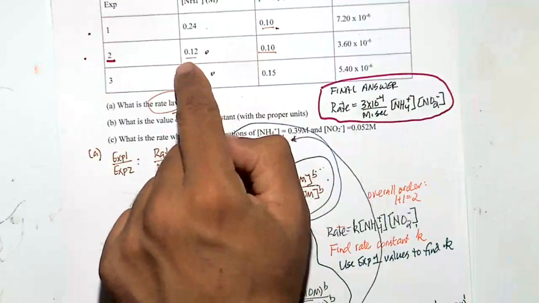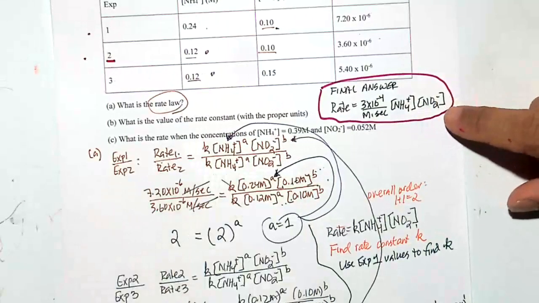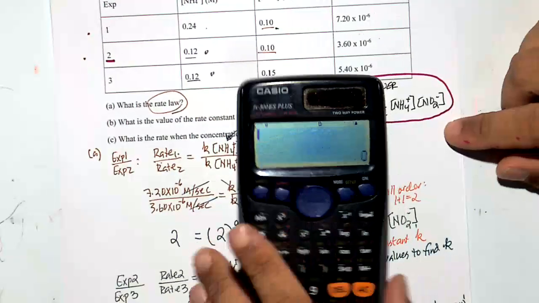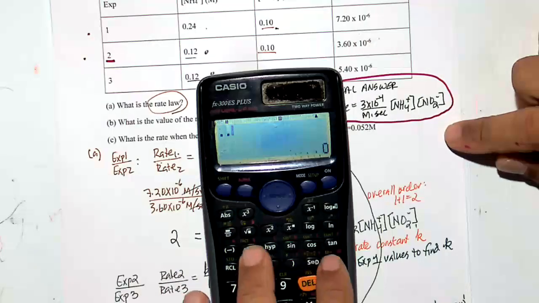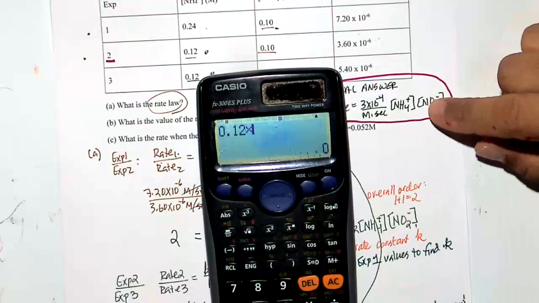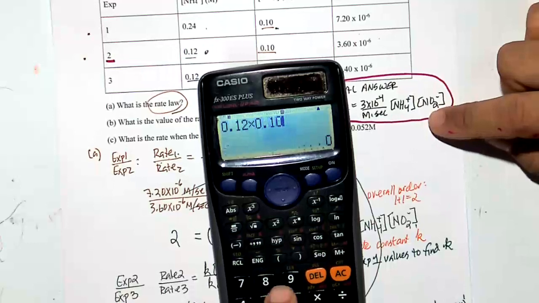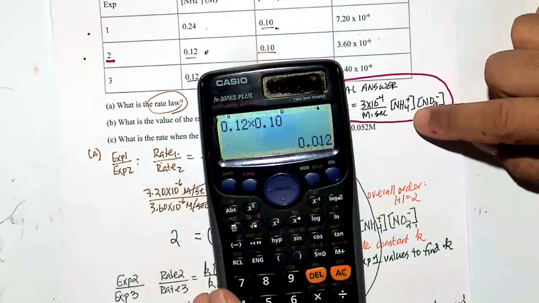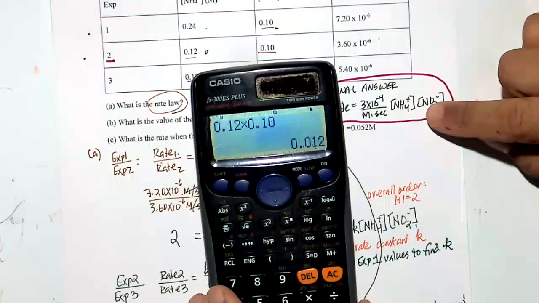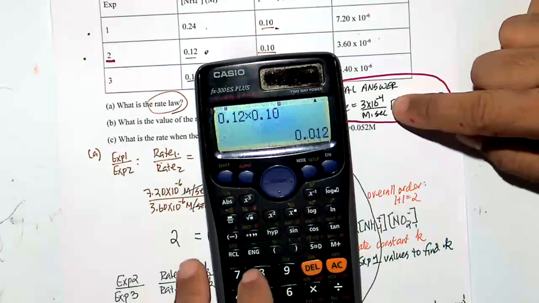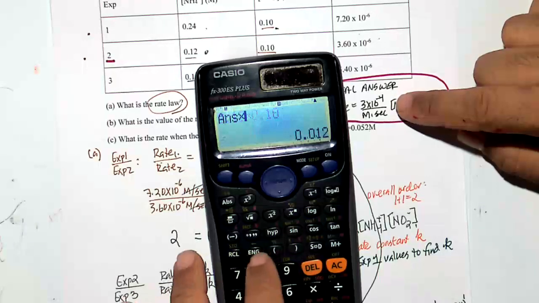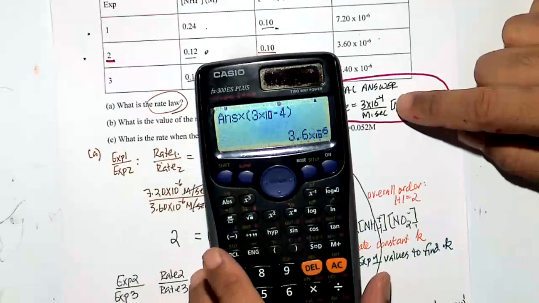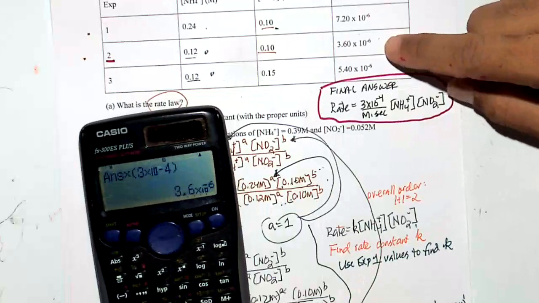For experiment 2, we have 0.12 raised to the first power times 0.10 raised to the first power times 3 times 10 to the minus 4. That is 0.12 times 0.10 times 3 times 10 to the minus 4, which gives 3.6 times 10 to the minus 6.